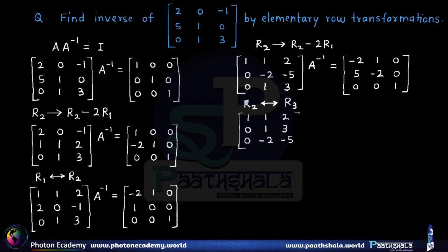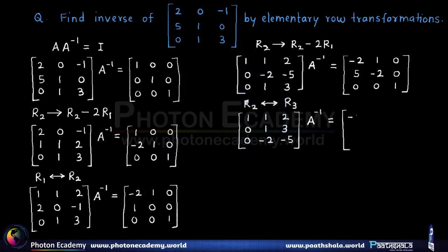So these are the interchanged rows, multiplied by A inverse is equal to, now here also we have to do the same transformation. The first row remains unchanged, that is minus 2, 1, 0. Now the second row will be 0, 0, 1, and the third row will be 5, minus 2, and 0.